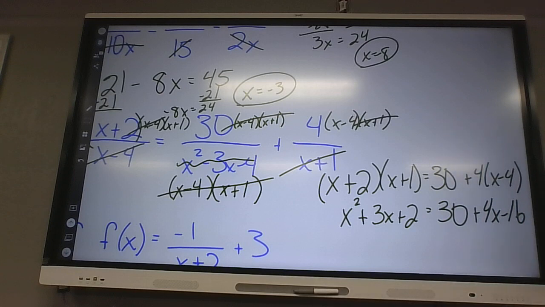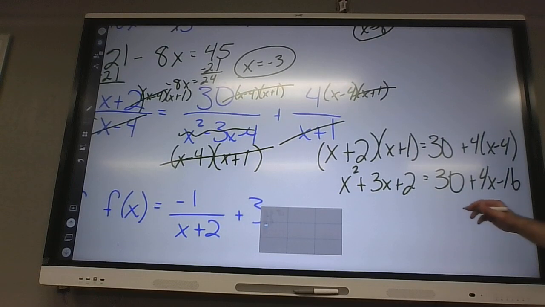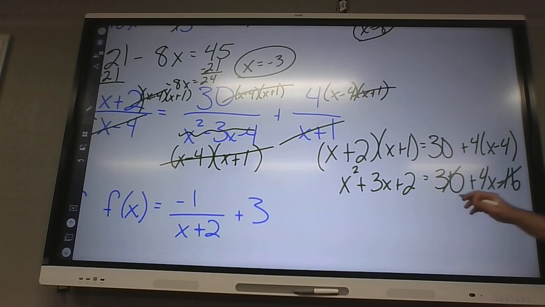How do I solve an x squared problem? You put all of the like terms together. So 30 minus 16 is 14. So I'm going to subtract 14 and subtract 4. Move everything to one side.